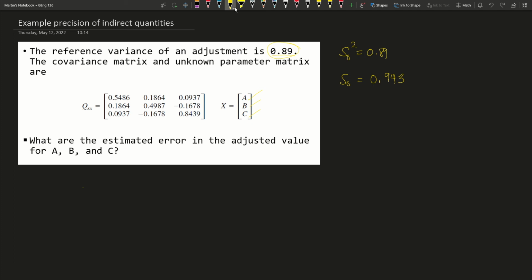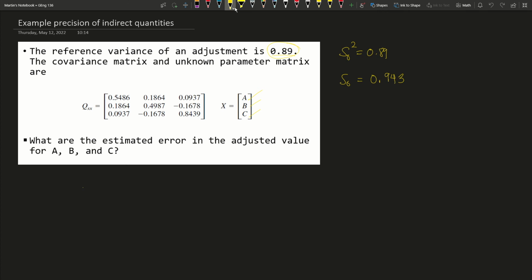You have the most probable values of A, B, and C, and they also have corresponding errors after adjustment, obtained in the determination of parameters A, B, and C.